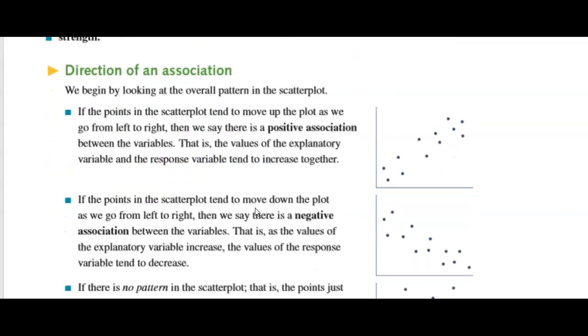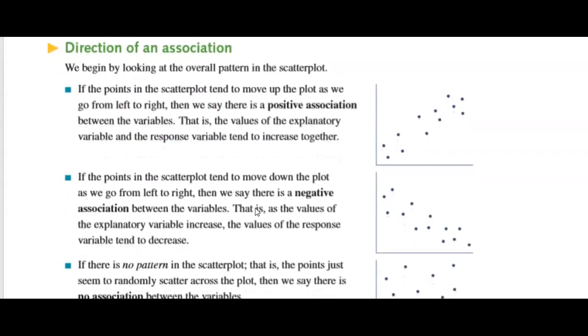Okay, so let's look at direction first. Positive association just means it goes up. So we always go across in our x direction, so going across the x-axis. If you think about walking along in the x direction, are we going up? If we're going up, we're going in the positive direction.